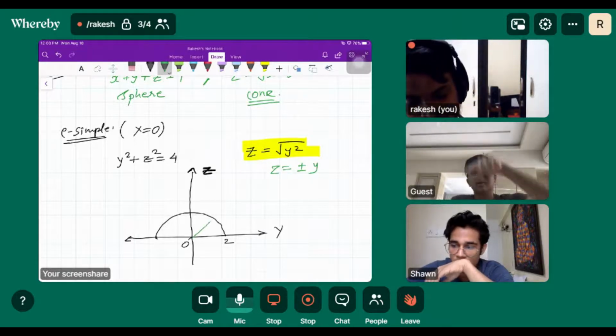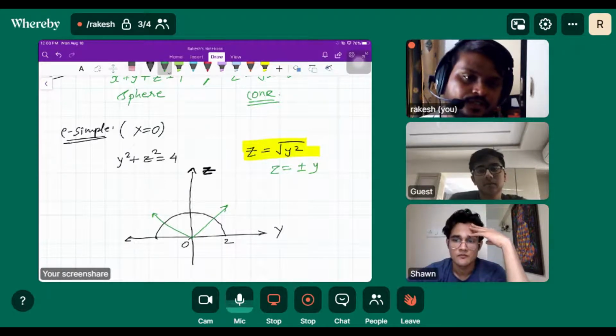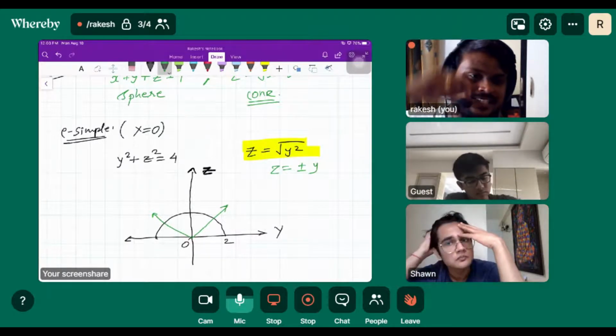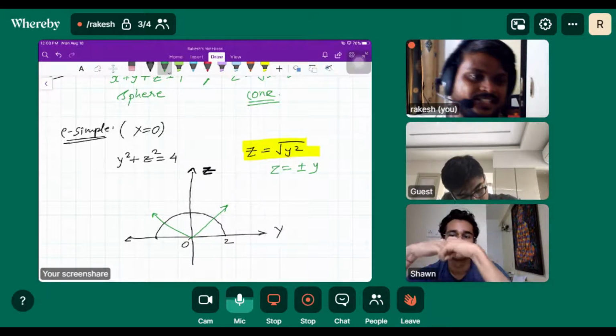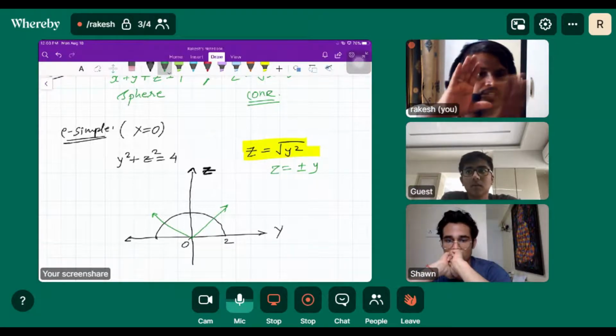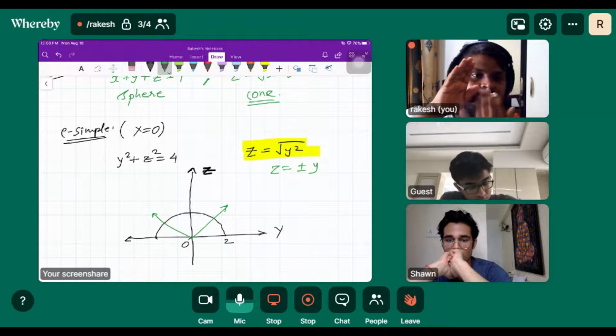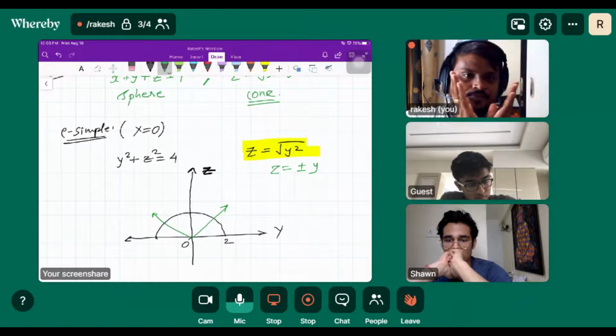If you draw that, you will get this, right? Is it giving you the sense of an ice cream cone here? Since this is just a trace of the sphere, the surface on the YZ plane, it goes around the Z axis, right? So isn't it the ice cream cone?